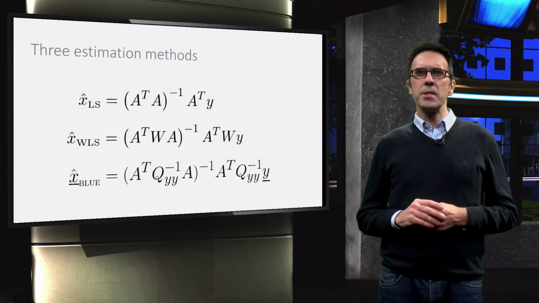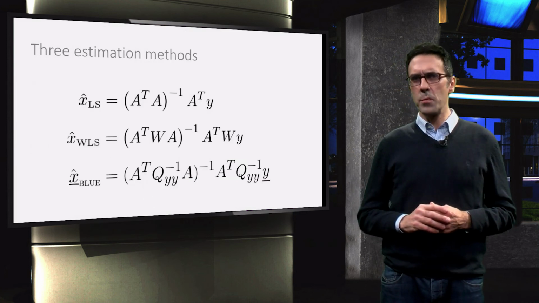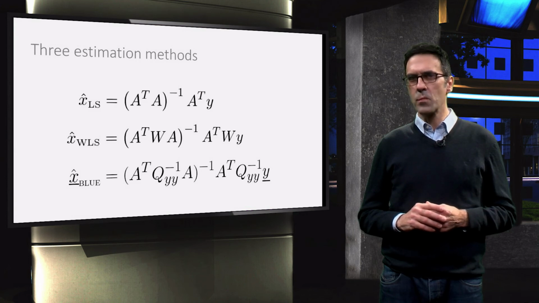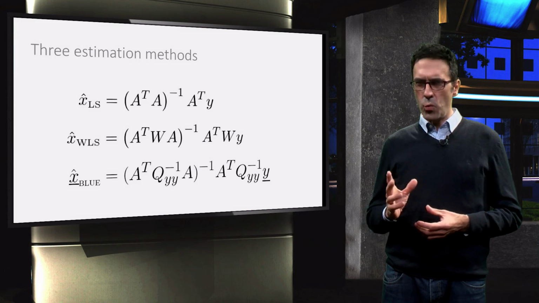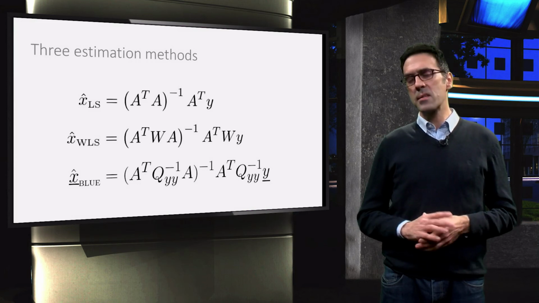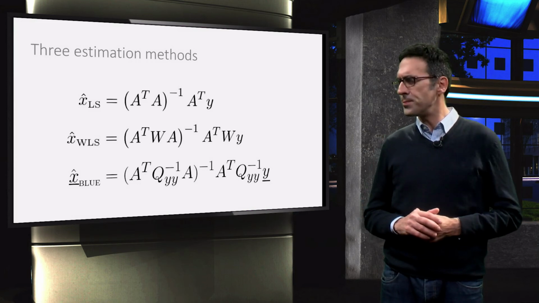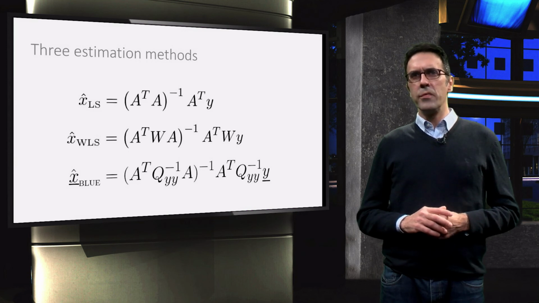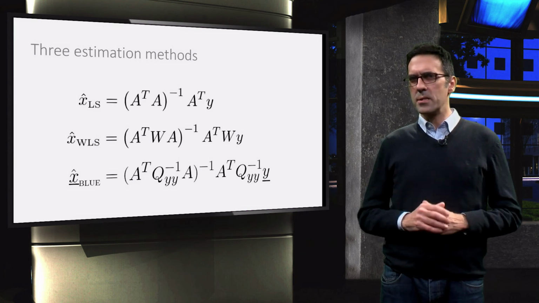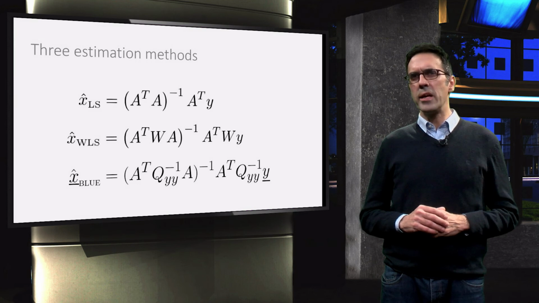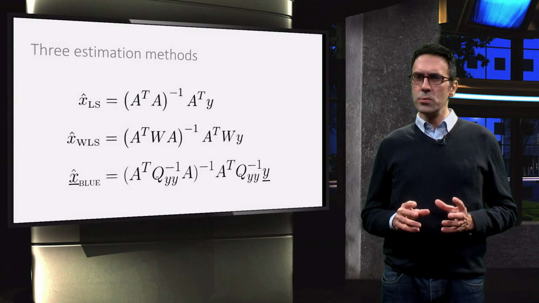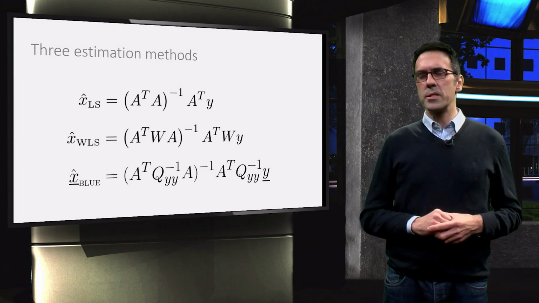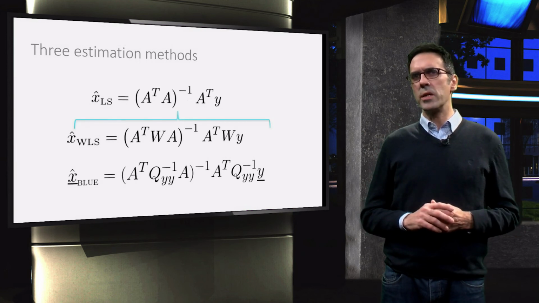So, to summarize, here we see the three different forms of parameter estimation. The ordinary or unweighted least squares method, the weighted least squares method, and best linear unbiased estimation. If you take some time to grasp the essence of these equations, you could classify them in different ways. For example, you can regard BLUE and unweighted least squares as special cases of weighted least squares.